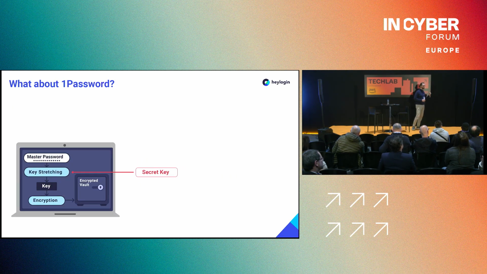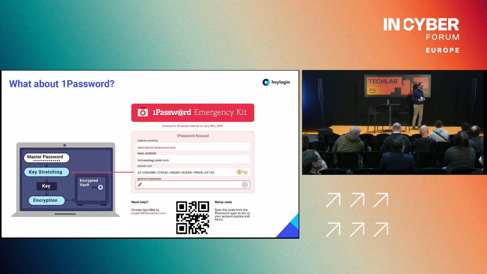1Password not only used the master password, they used a second secret, and they call that the secret key. And if you have used 1Password, you probably know the emergency kit. It's a piece of paper you need to print out, and on that emergency kit, the secret key is written down. To set up 1Password from the ground up, you always need the master password and the secret key.